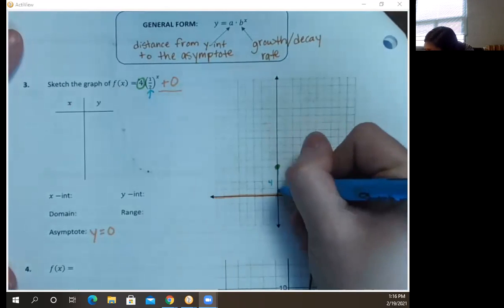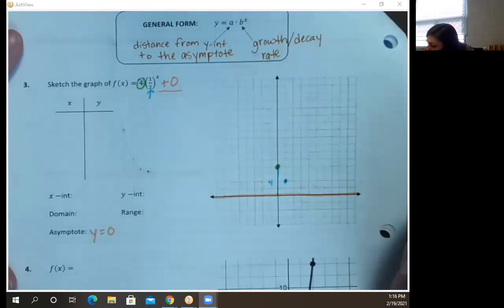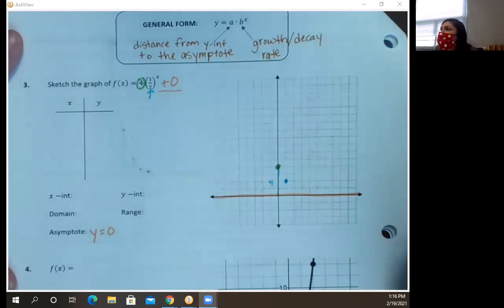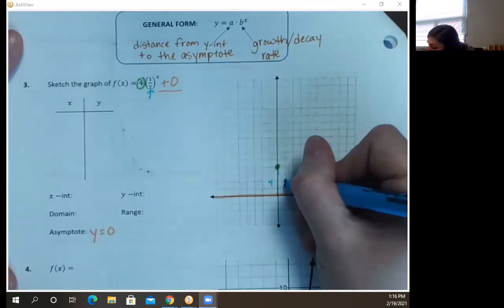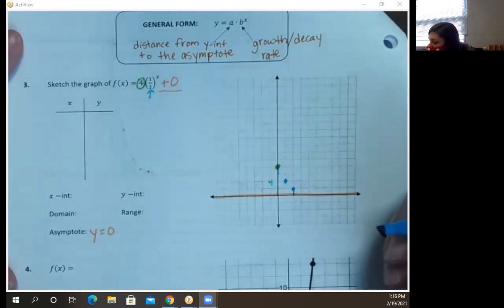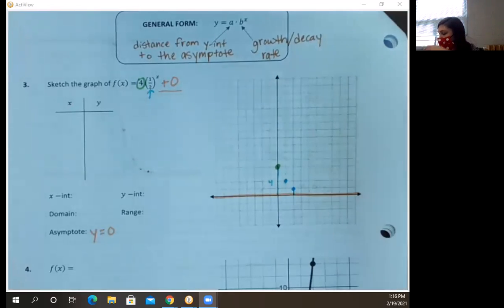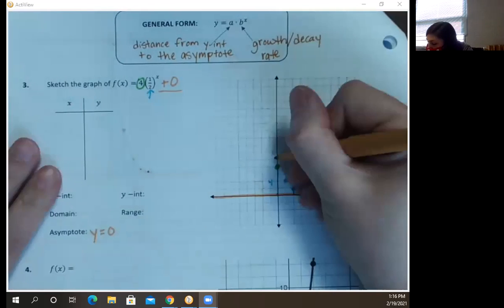So that means for 1 spot over, my distance is now 2. What's half of 2? 1. So for 1 spot over, my distance from the asymptote, this distance right here, is now only 1. I'm going to cut that distance in half each time. Here I've got a couple points on the graph of my function.